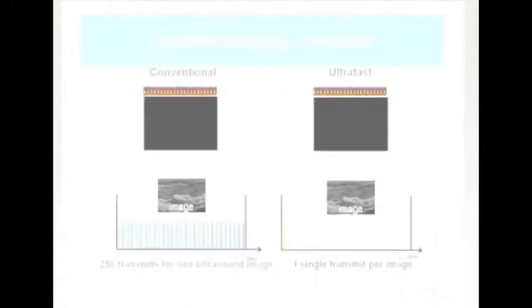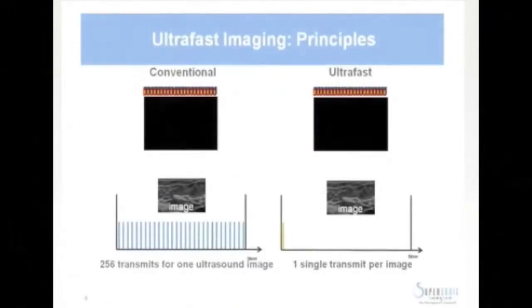To understand how we do things, a few reminders of how ultrafast imaging works. If you look at conventional acquisition, we are insonifying line-by-line ultrasound beams to compute a full image. We need 200 transmits to compute one image. On the ultrafast side, you send a plane wave, and you have all the information in one shot, and you compute one image with one transmit.